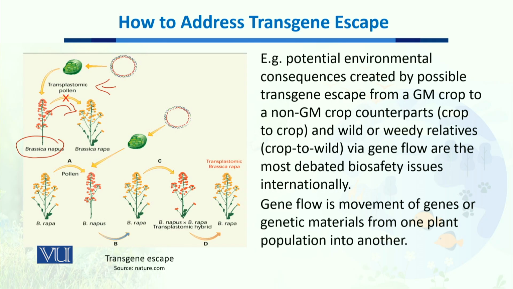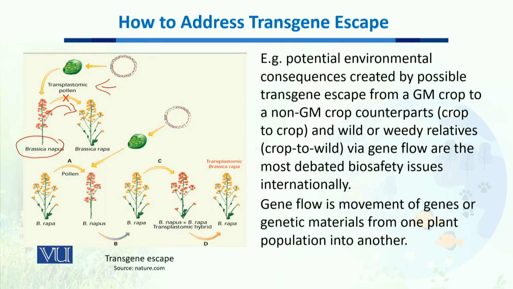But in some other instances, if Brassica napus, which is a transgenic plant, acts as a female plant, and the pollen from Brassica rapa is transferred to this Brassica napus, it becomes a transplastomic hybrid of Brassica napus and Brassica rapa.